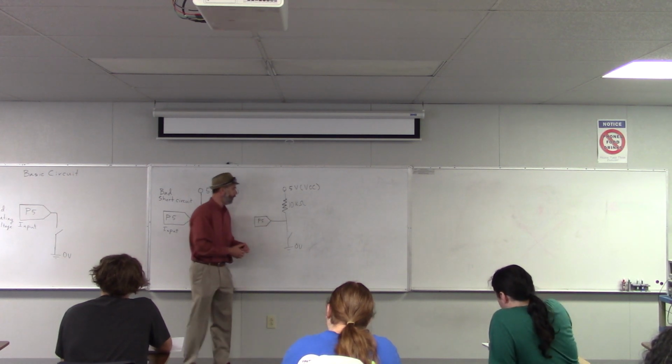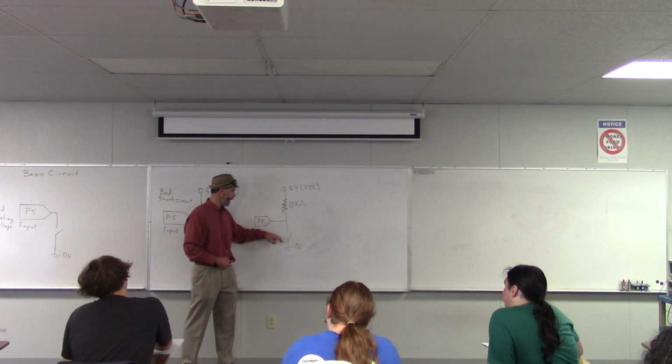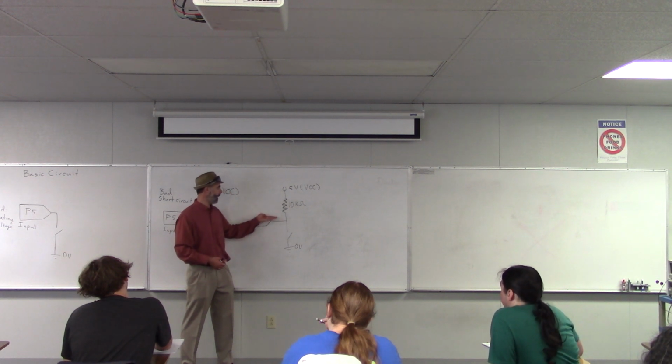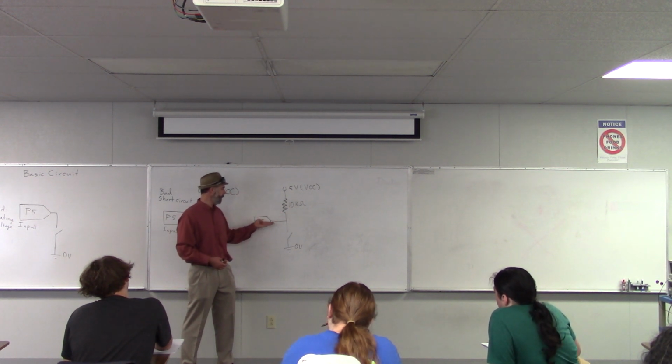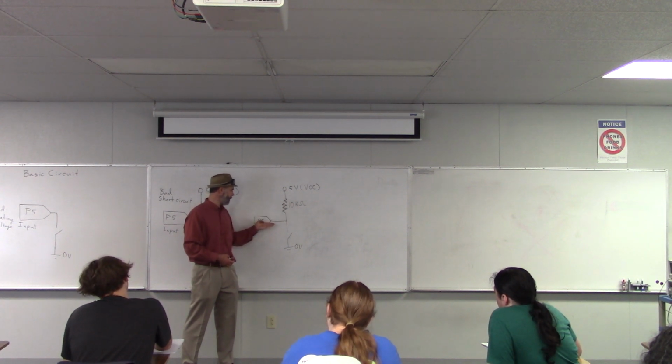When the switch is open, that's like no connection to 0 volts. We just have this resistor that is connected to 5 volts, and that pulls this pin up to 5 volts.